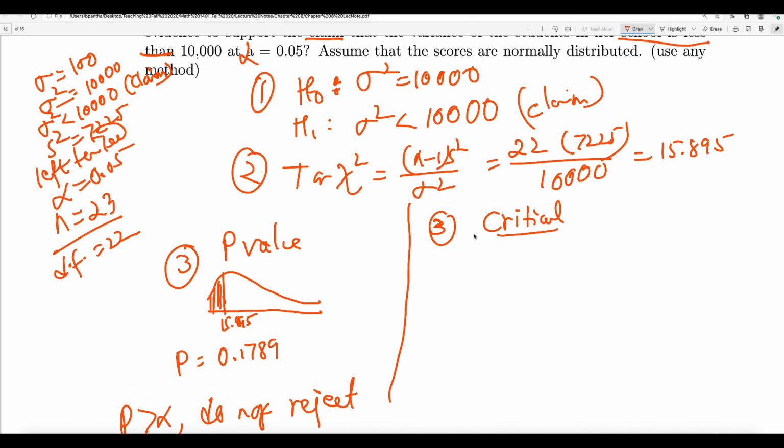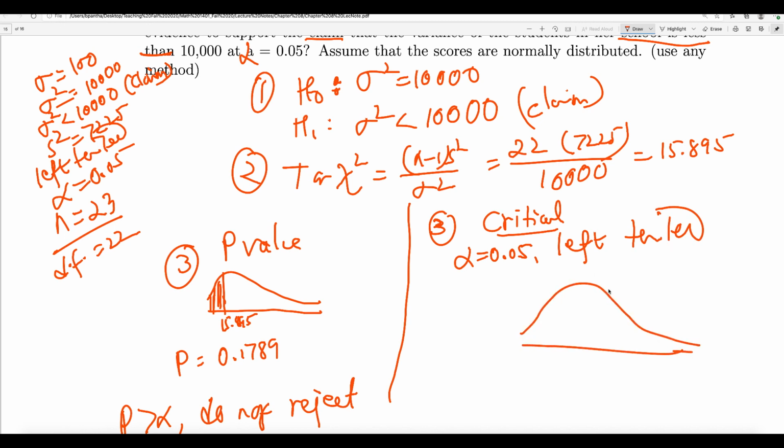So alpha is 0.05, left tailed. What we do here is draw the chi-square curve, which has a little right tail, and the left tail is like this. So this is 0.05. You need to find chi-square L. What is the right area? 0.95.